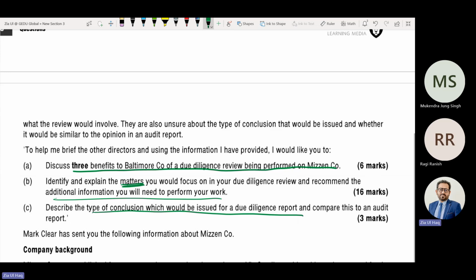In the Jacob question, they asked to identify the additional information that is required and then explain the matters. So we put the heading of the document. Now this is a reversal of that Jacob requirement. Now you need to put the heading of the matter, explain this, and then you need to name the document that is relevant to that issue.